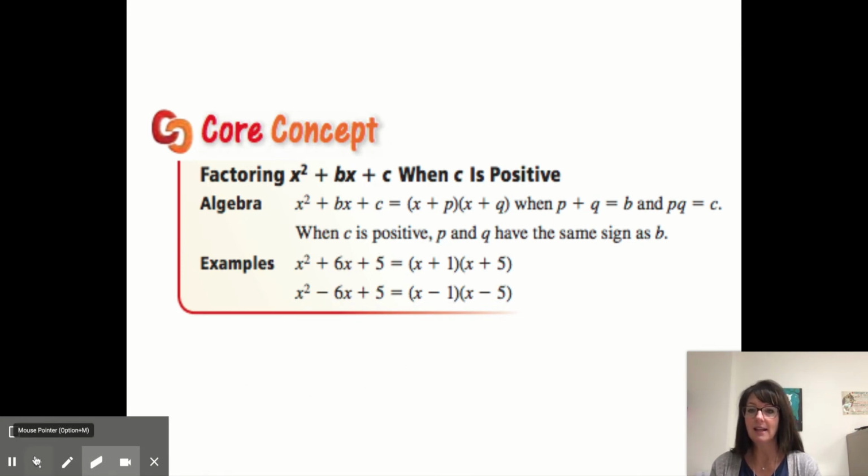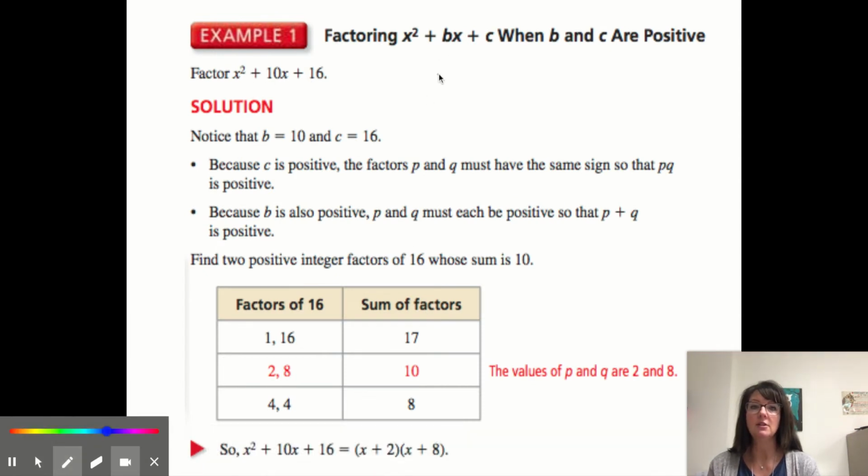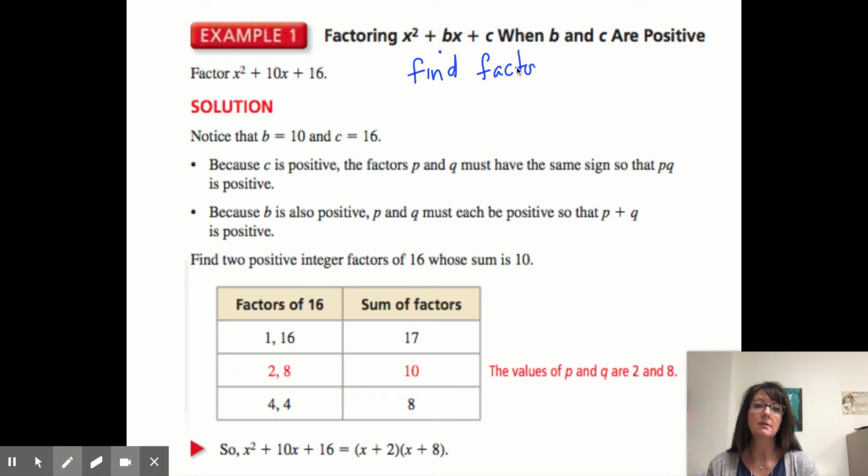Okay, so let's see what this is going to look like. So we want to factor this. So the first thing you want to do whenever you are doing this, your goal is to find factors of C that will sum to B, whatever the B term is.